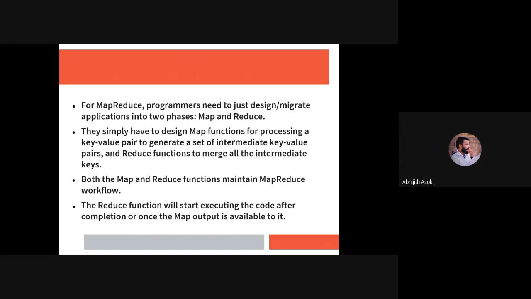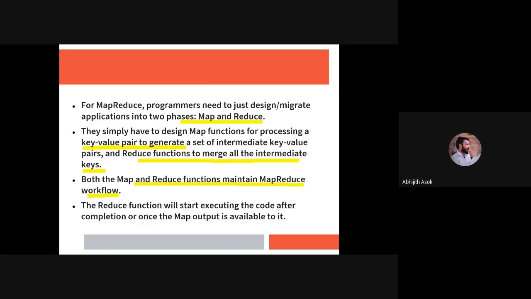For MapReduce, programmers need two phases, map and reduce. To design the map function, we need to generate a set of intermediate key value pairs, and the reduce function will merge all the intermediate keys. Both map and reduce functions maintain the MapReduce workflow.